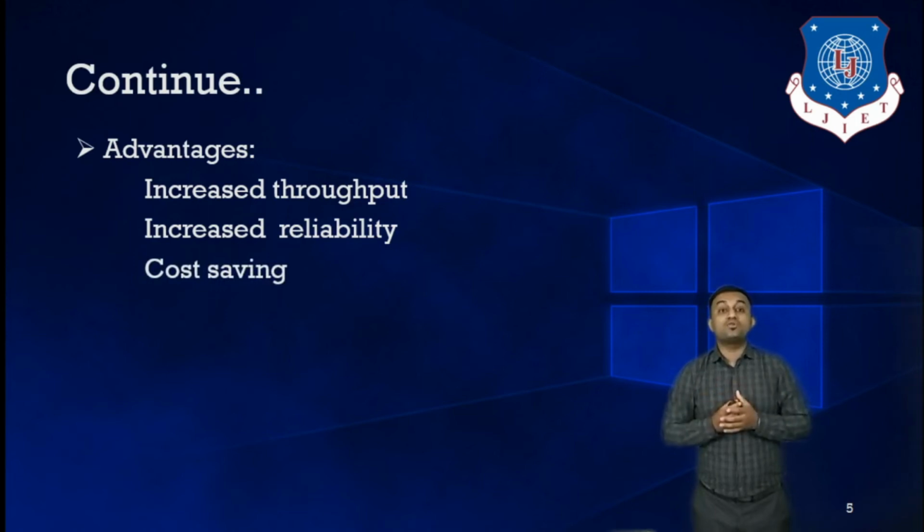The third advantage is cost saving. How can we reduce the cost in a multiprocessing architecture? Instead of having a number of systems with a single CPU, we have a single computer system which contains a number of CPUs.